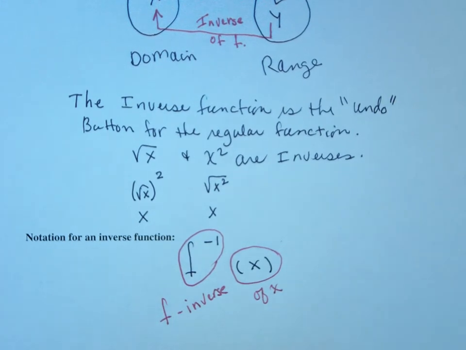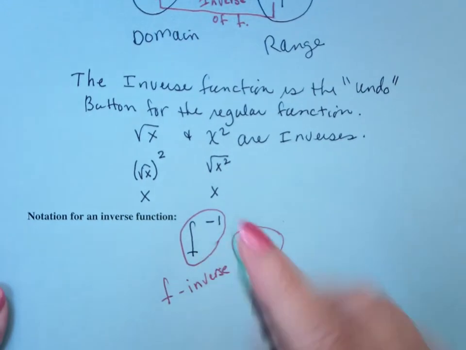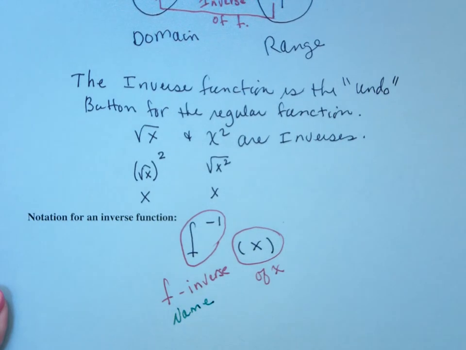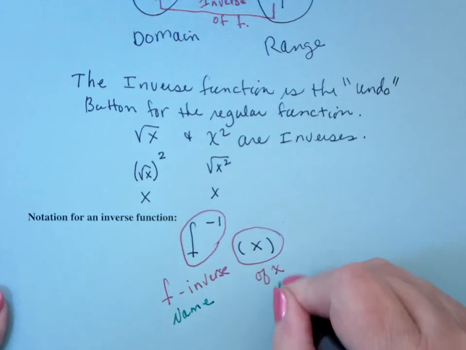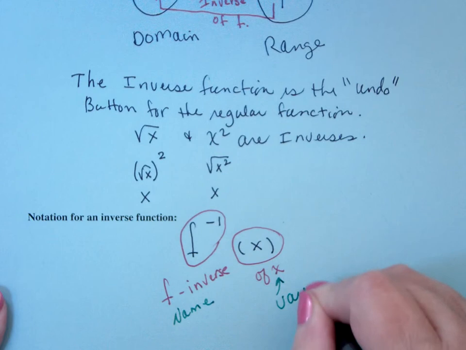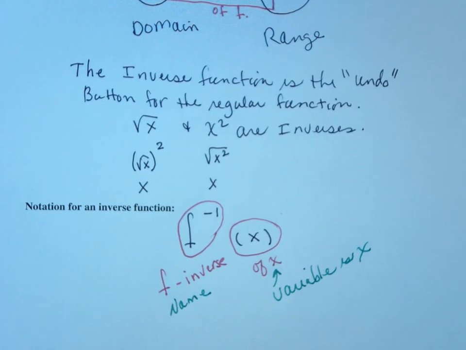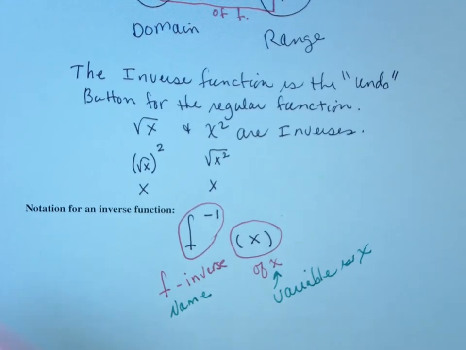F inverse of x. The name of the function is f inverse. The variable is x. F to the minus 1 of x.